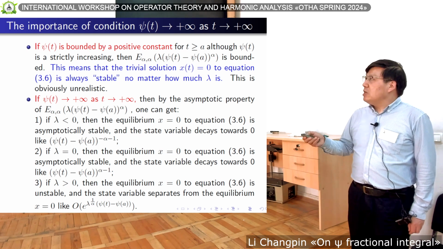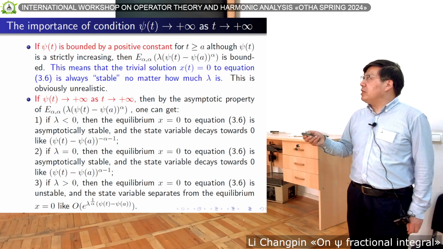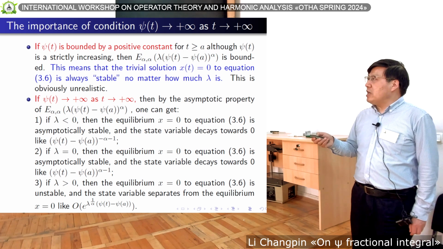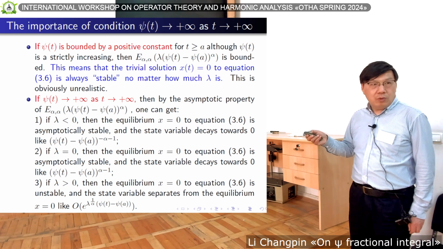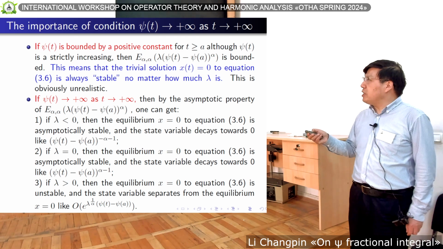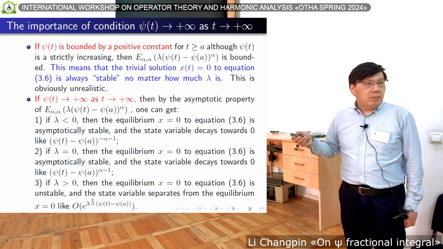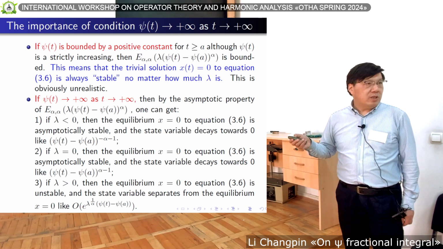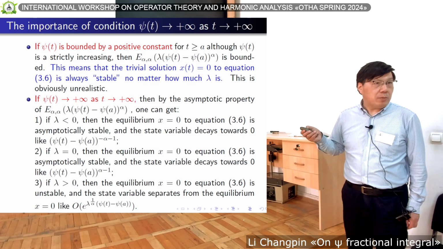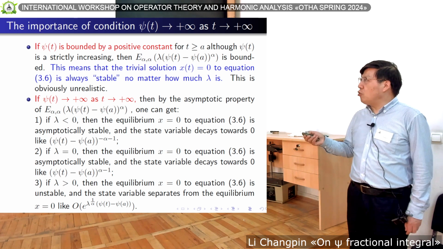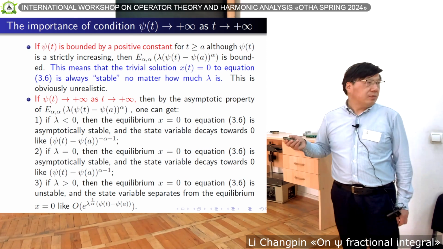If lambda is 0, then the equilibrium is asymptotically stable too, and the state variable decays like this, since alpha is less than 1. But if lambda is positive, then the solution is unstable. The state variable separates from the equilibrium like this.